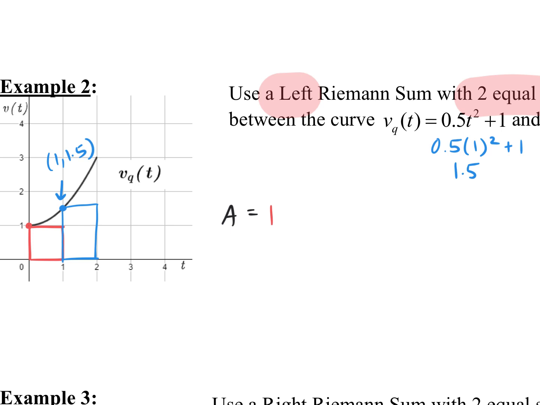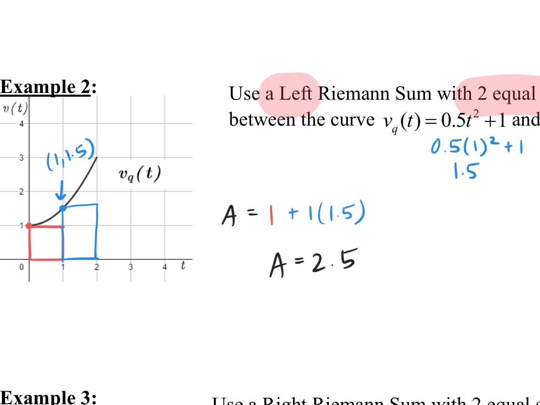So my area of that rectangle would be plus 1 times 1.5, which is just 1.5. So in total, the area of those two rectangles is 2.5. Okay, so a little bit more accurate than the 2 that we originally had with only 1 rectangle. Now we're a little bit closer with 2.5.